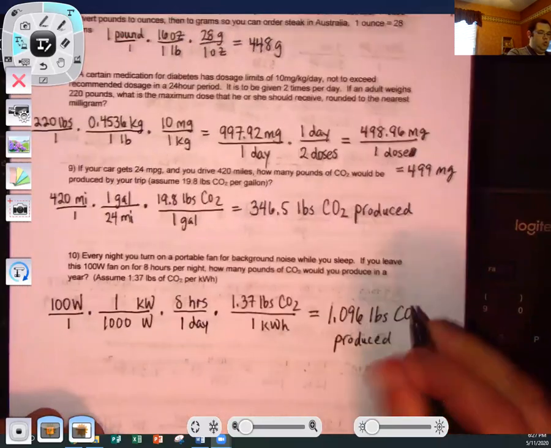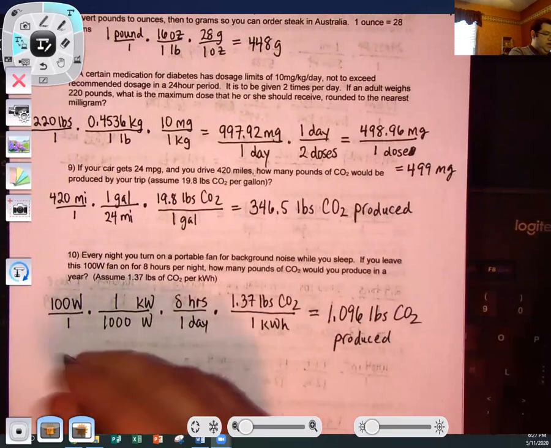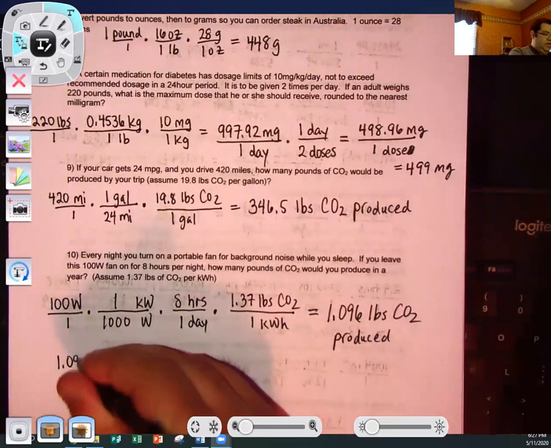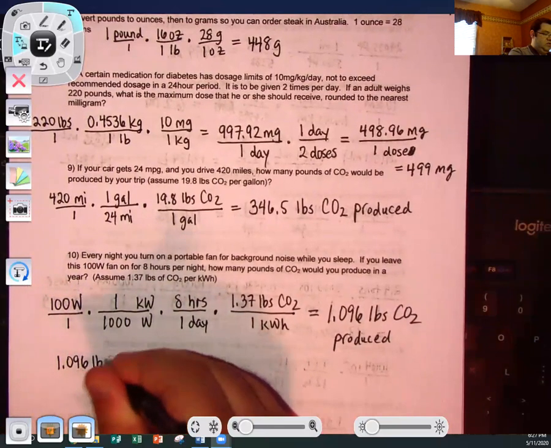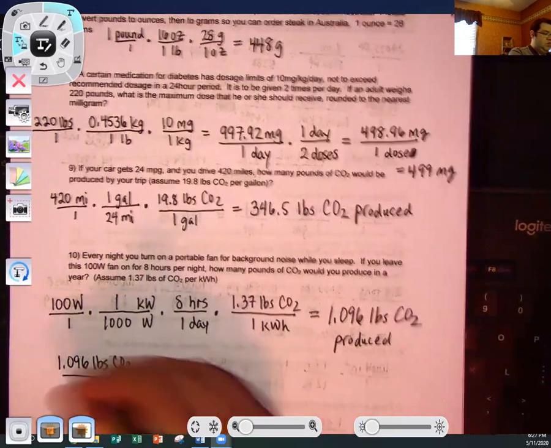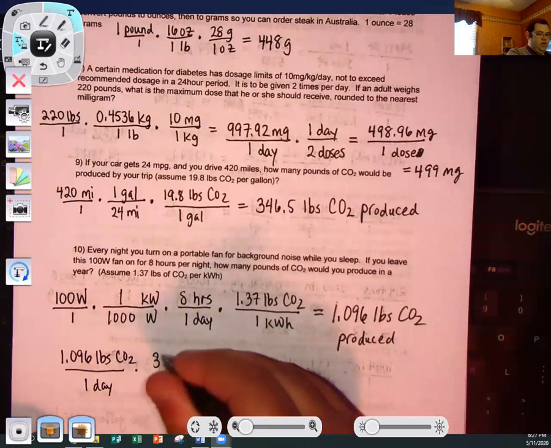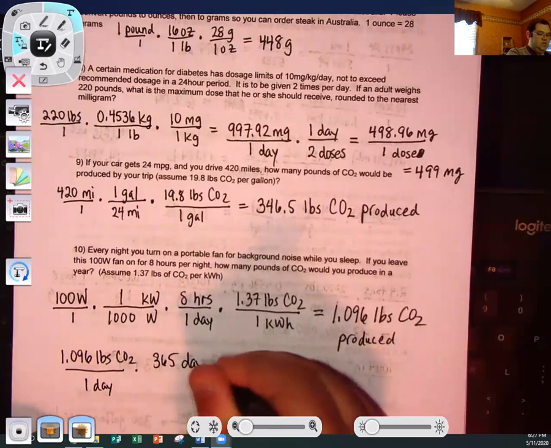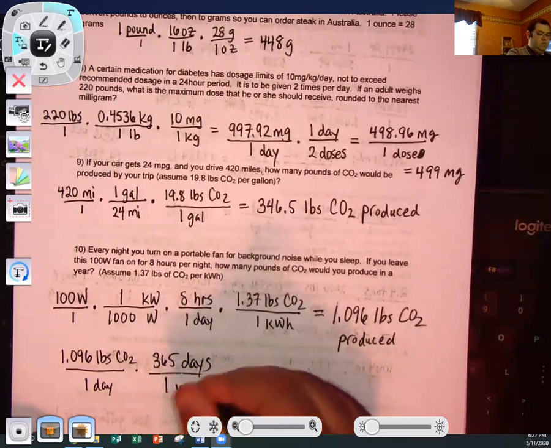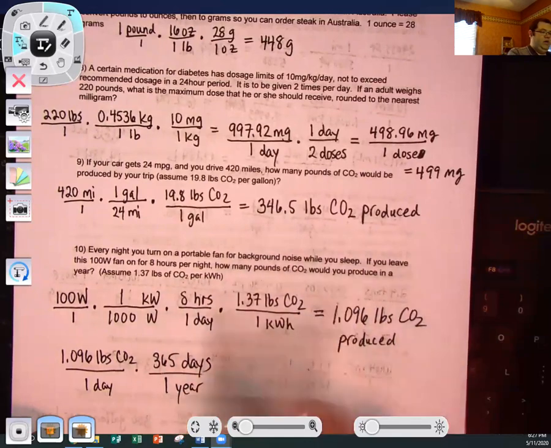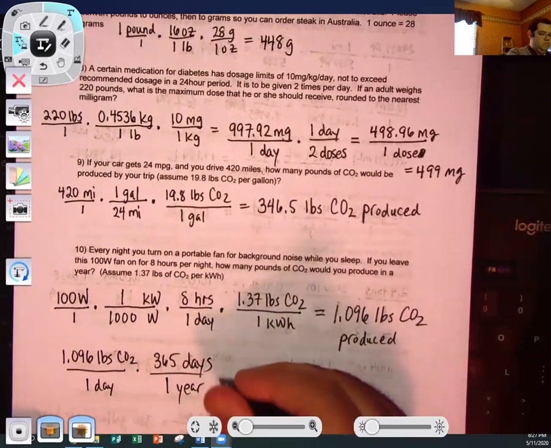So 8 hours per 1 day. So now we have to take that 1.096 pounds of CO2 per 1 day, and we have to multiply that by 365 days in 1 year. Because the question said, how much would you produce in a year?